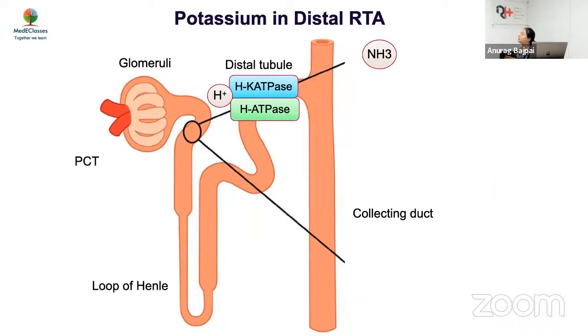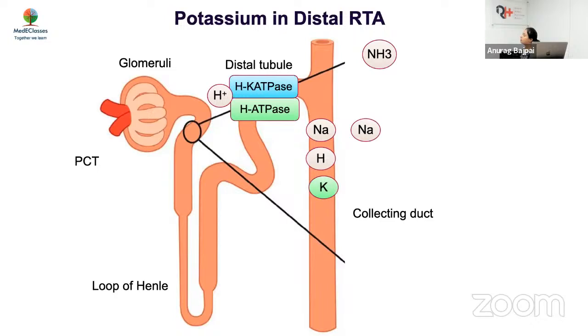Interesting is potassium homeostasis in distal RTA. As we've already seen, potassium and proton have an antagonistic action. In RTA, because you cannot exchange sodium for proton, you will end up losing more potassium in urine to exchange for sodium.